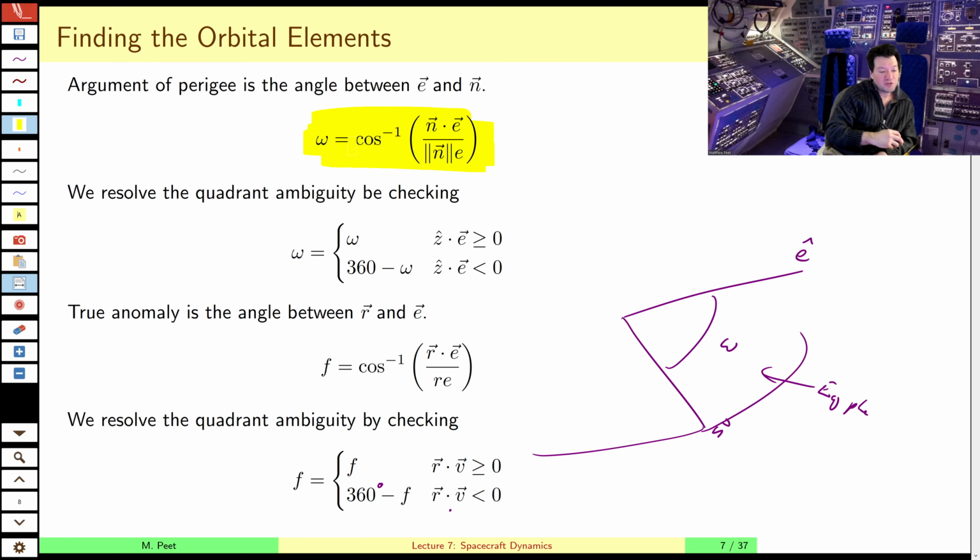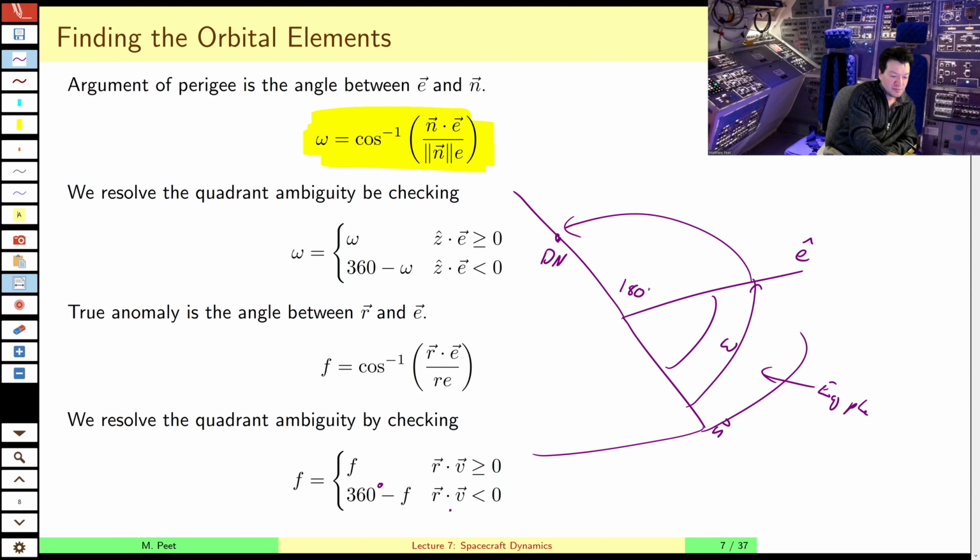Now we've got to do a quadrant check. We have to determine where this eccentricity vector is. Remember, we're at the ascending node, so we're orienting up from the equatorial plane. If the eccentricity vector is in the northern hemisphere, this angle is between 0 and 180 degrees, since the descending node is at 180 degrees.